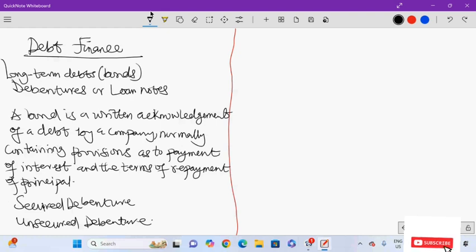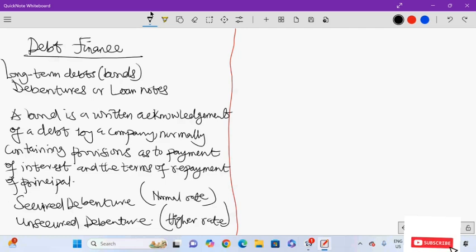As a result, it comes at a higher interest rate. The lenders will be charging a higher rate because you are not going to use your asset as a security, unlike the secured debt.